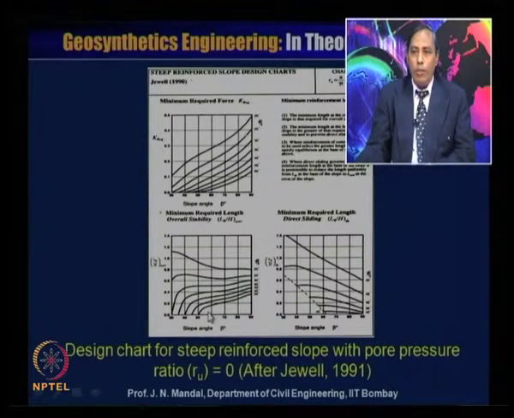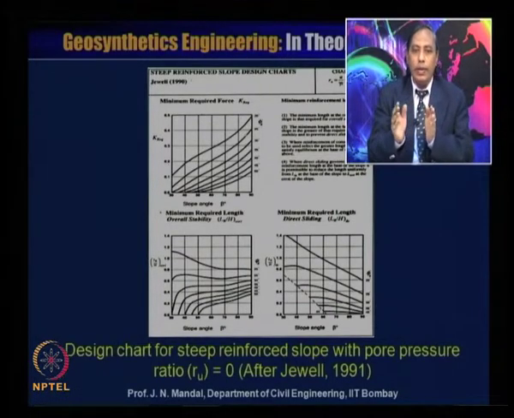Similarly, from this chart you can determine the minimum required length for overturning stability, knowing beta and phi. And this also gives the minimum required length for direct sliding; you know beta and phi, and then you can calculate LR by H due to sliding.